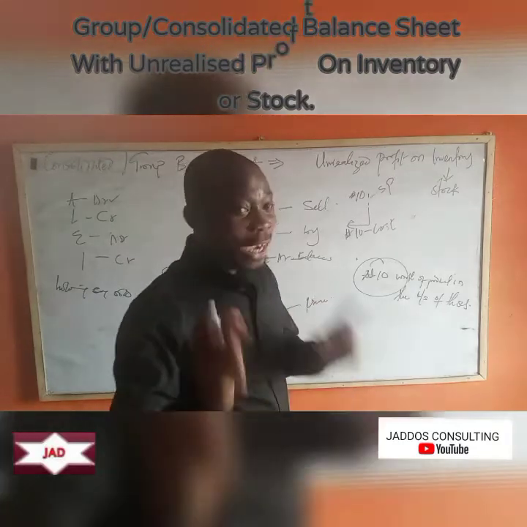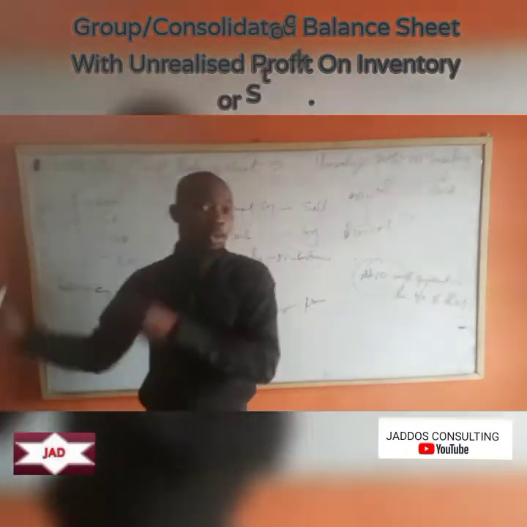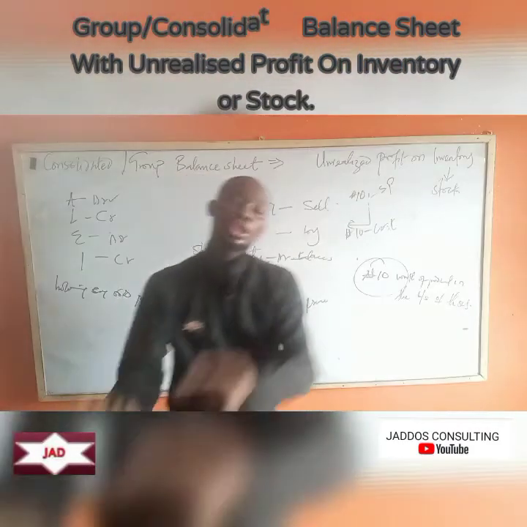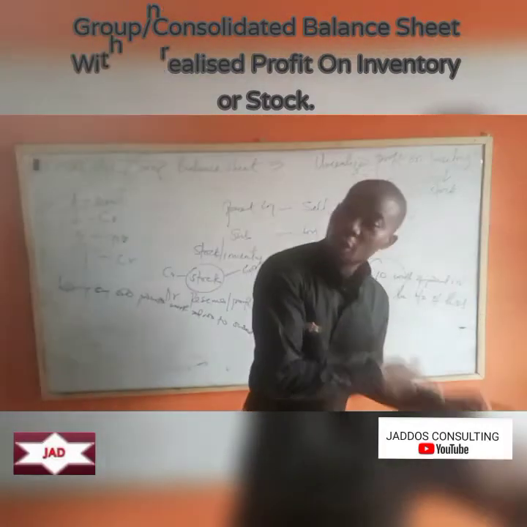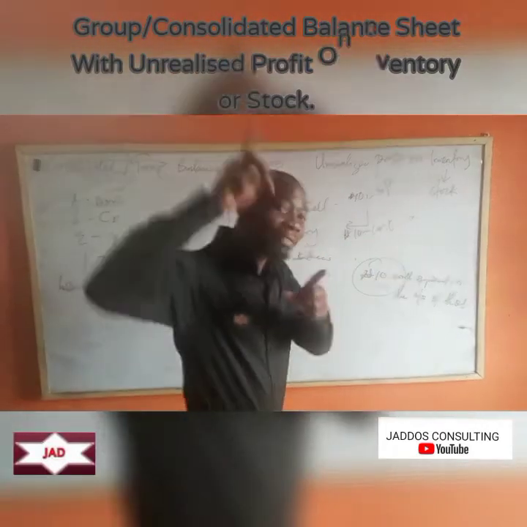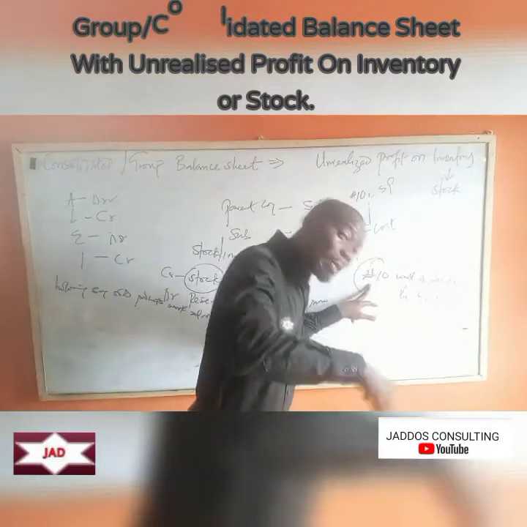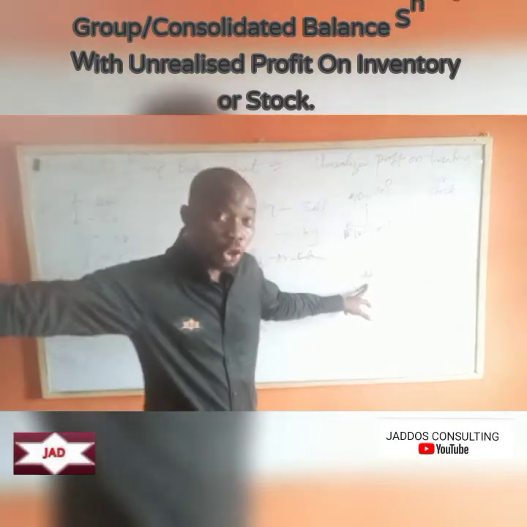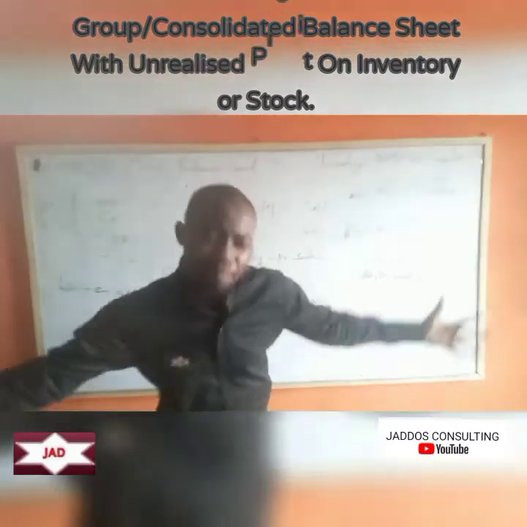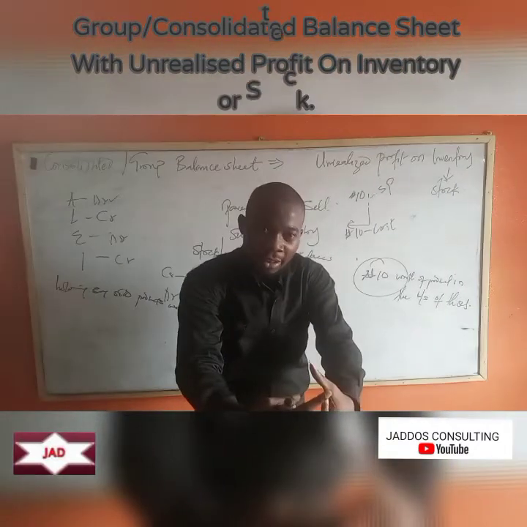Don't forget that from the perspective of the holding company, it is selling price, but to the subsidiary, it is cost. So they would have reported that product at cost from their perspective, but from the perspective of the company that is selling, which is the holding company, it is selling price. But now they are bringing their balance sheet to be one.